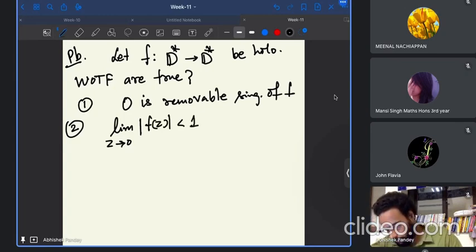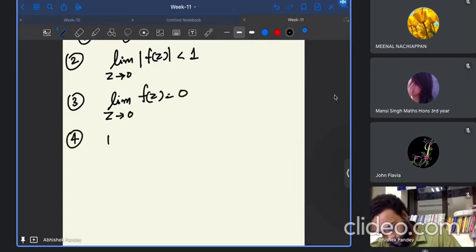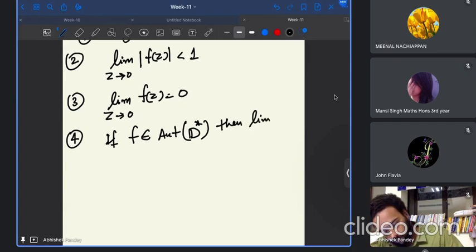Third, limit z tends to 0 f(z) is 0. Fourth, if f belongs to the automorphism of the punctured unit disk, then limit z tends to 0 f(z) is basically 0.